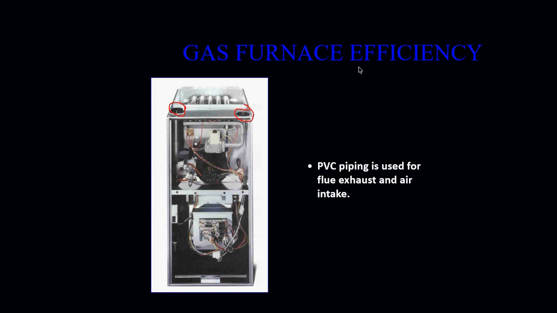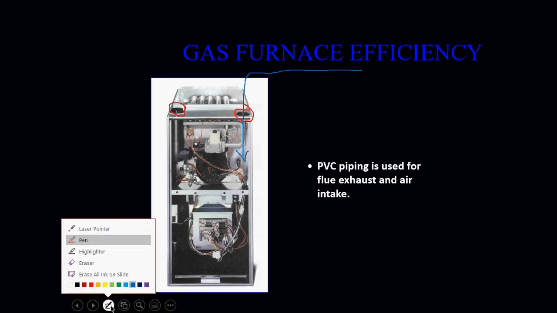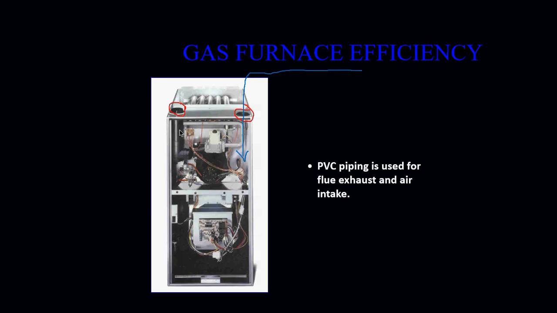You will have a fresh air intake, which will be sucking air into the burner compartment of your high efficiency furnace, but you will also have your flue pipe, which will be exiting your furnace.